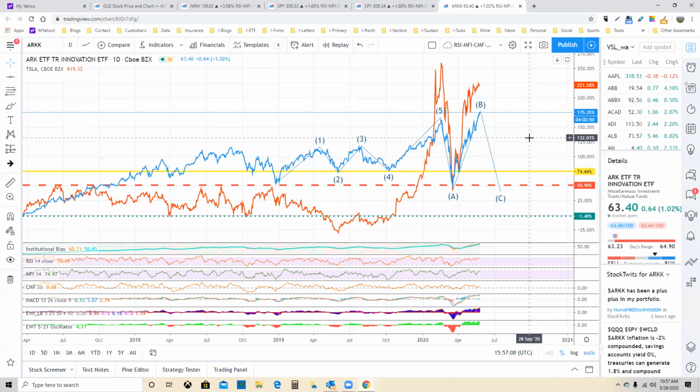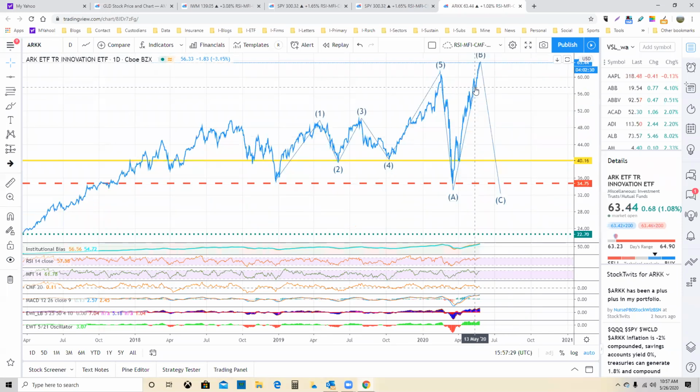So, you know, Tesla's way up there. It comes down. This is going to get beat up. Yeah, I'd have a hard time. I would have a hard time buying this above 40.